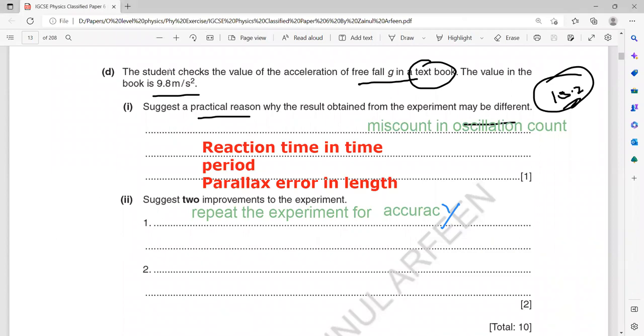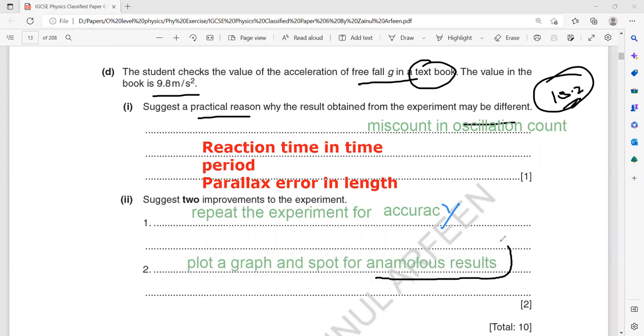So plot a graph between the quantities, and spot an anomalous result. An anomalous result means a result which is not in the range or sequence. We can identify it from the graph: say if there are points and one of the points is too far from the range, it means this result appears to be anomalous.